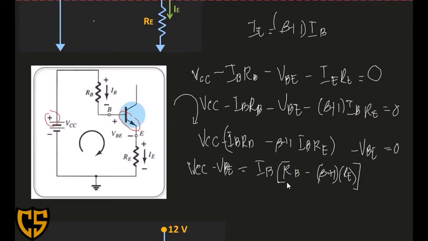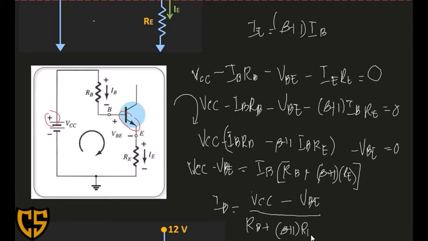Minus this will be plus. So if we find the formula for finding the IB, IB is equal to VCC minus VBE all over RB plus beta plus 1 RE. So that now will be our formula in finding the IB of the equation.